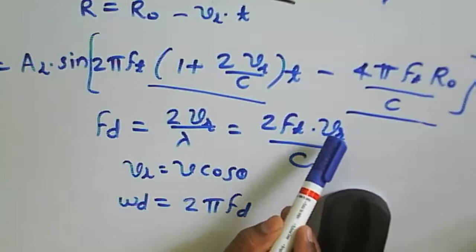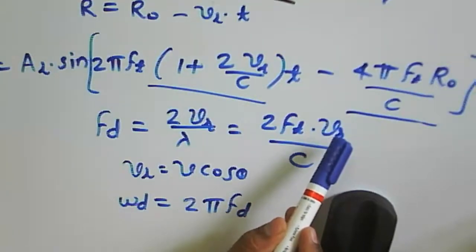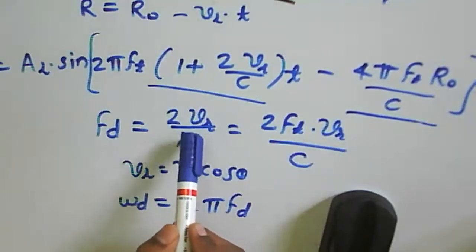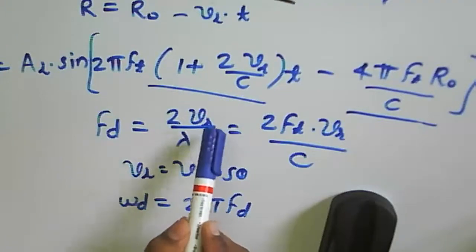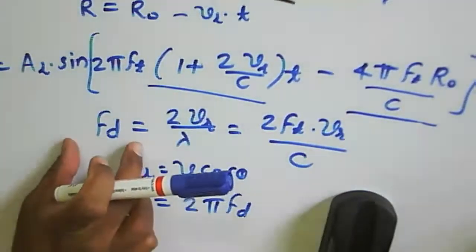This one is about vr, that is your radial velocity of the object, or we can write in terms of twice vr by lambda, and this is nothing but the Doppler shift.